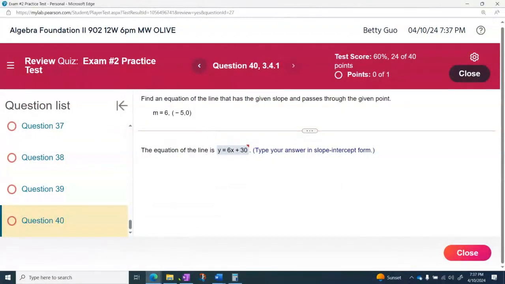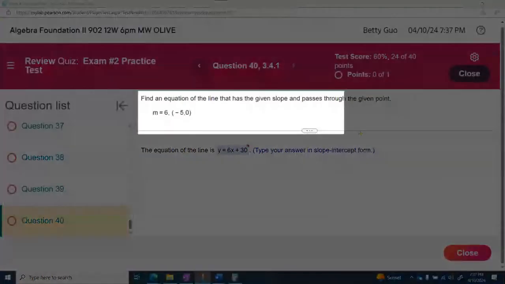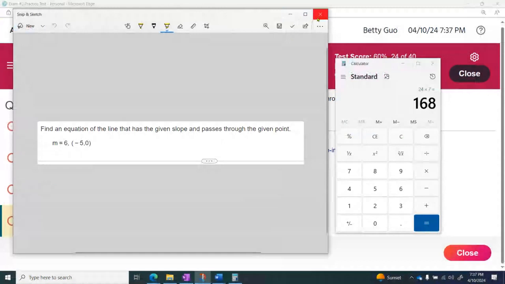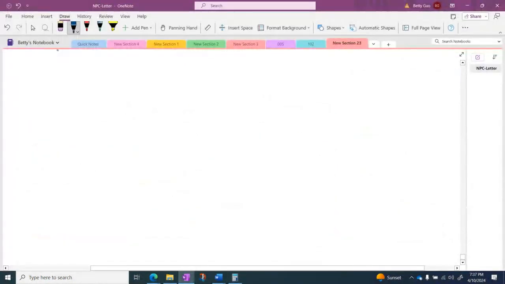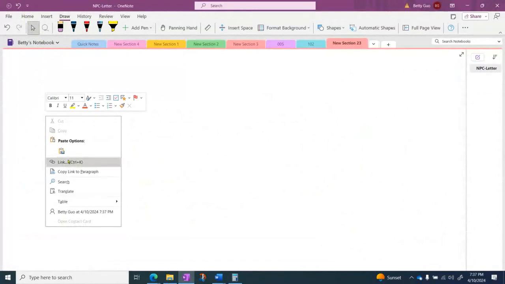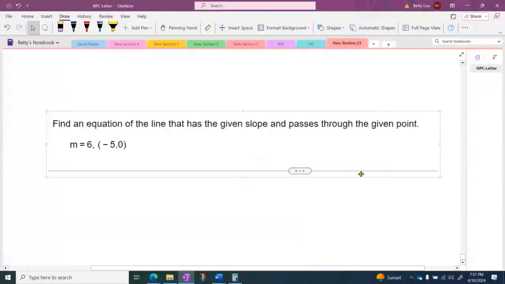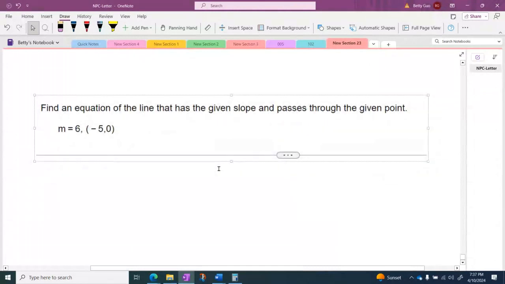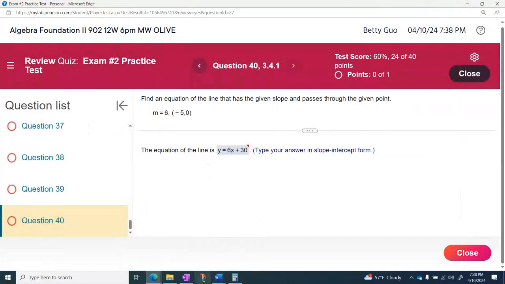Find an equation. Let me copy paste. Find an equation of the line that has the given slope and pass through the given point. And let's see what also here.